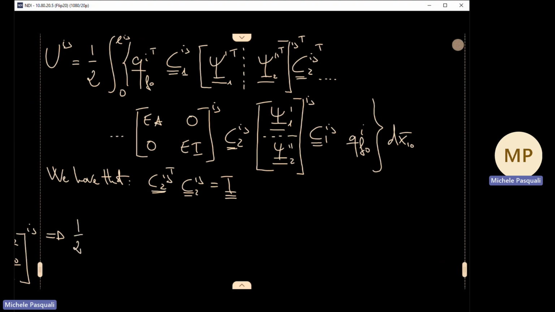So it becomes U ij is 1 over 2. We bring out as usual the quantities which do not depend on space, transposed, C1 ij transposed.